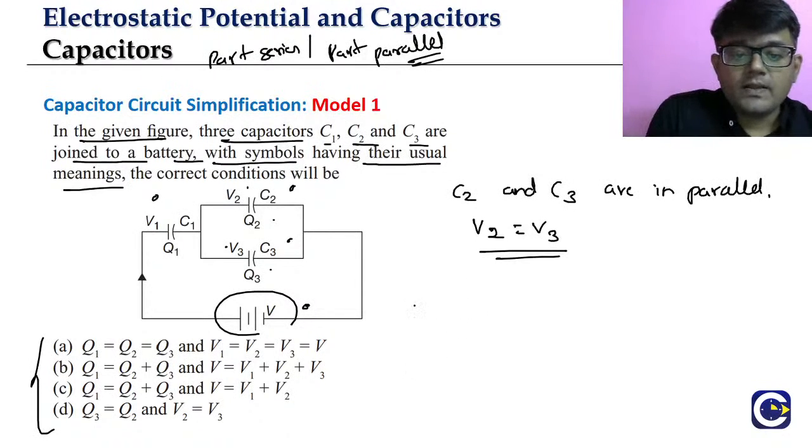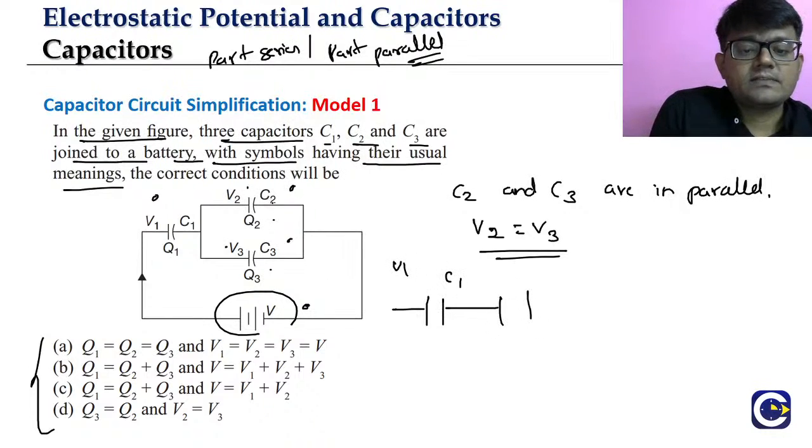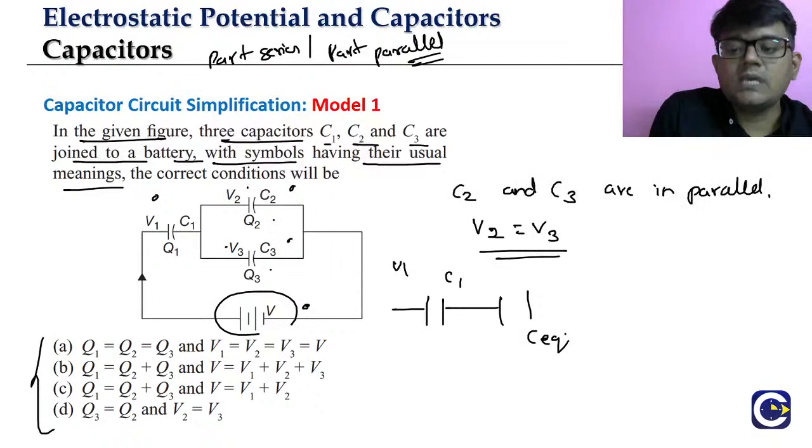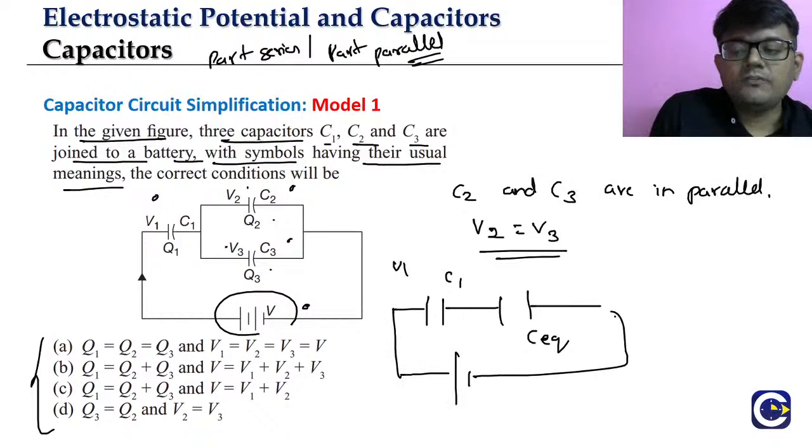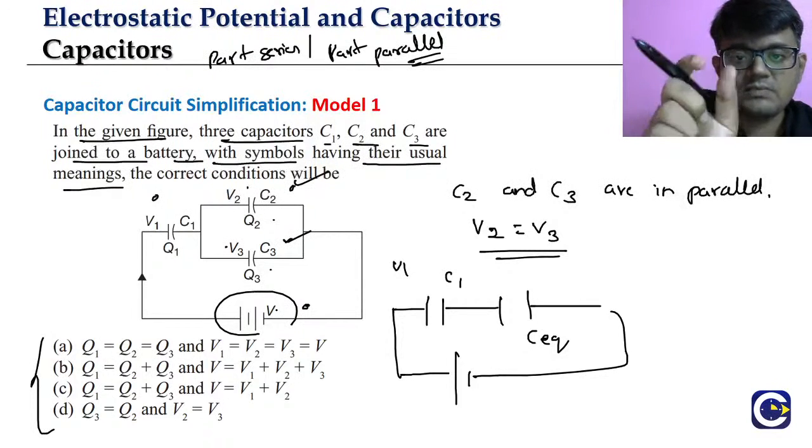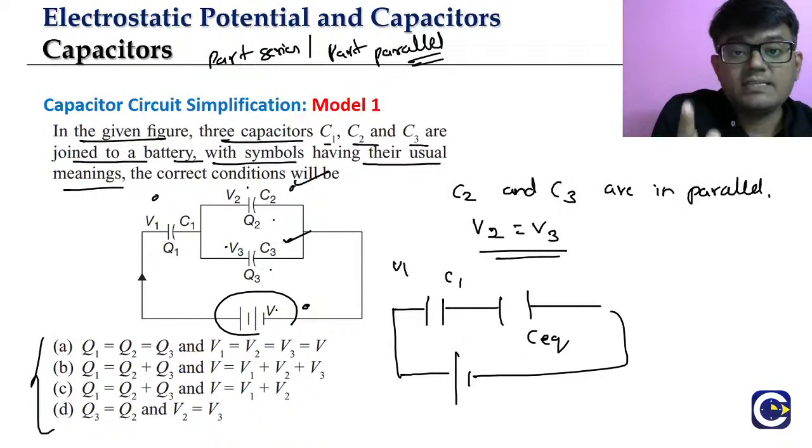So இப்ப பாருங்க when you try to replace இந்த C2 C3 ரெண்டுத்தையும் நம்ம replace பண்ணா by using the equivalent capacitor. Remember, if you are looking at a parallel combination of capacitors, potential difference across each of the capacitor will be same. That will be same as the potential difference across the equivalent capacitor.